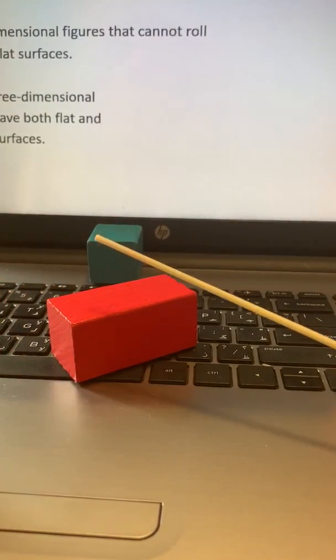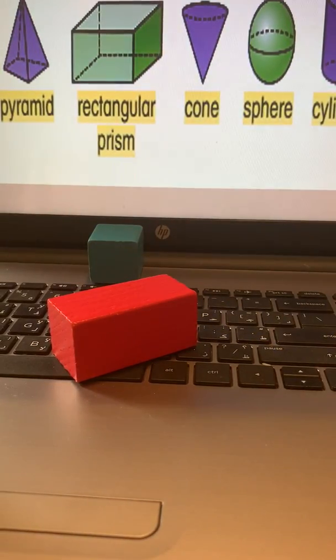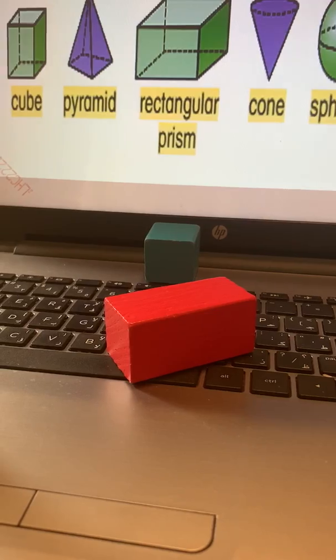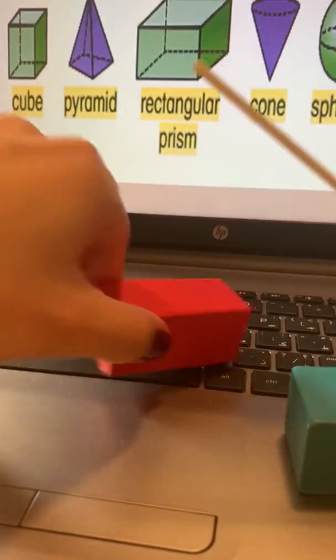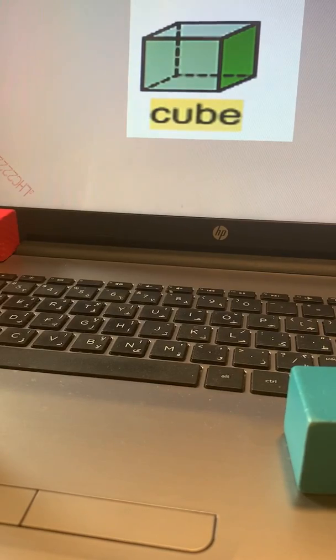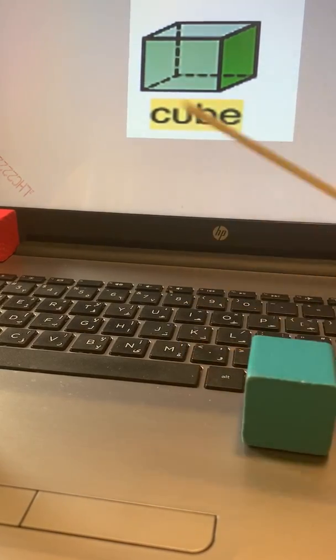Now let's see the names of the 3D shapes. Let's practice them one by one. The first one is cube. Repeat after me. It's a cube. Look here at the surface. It's flat. How many flat surfaces are there?